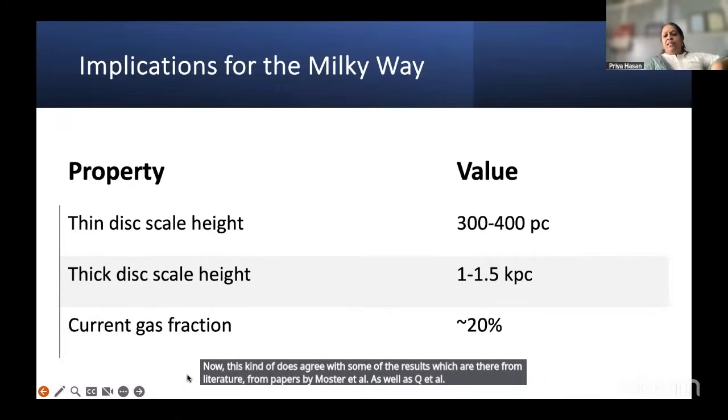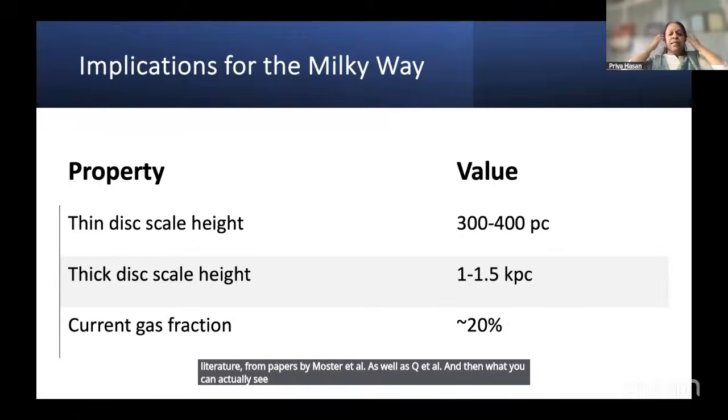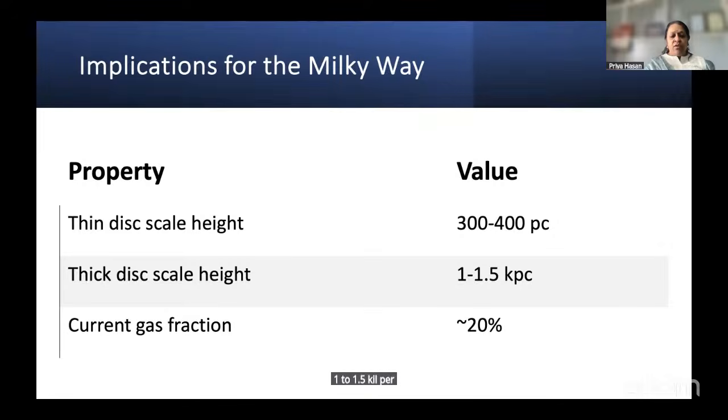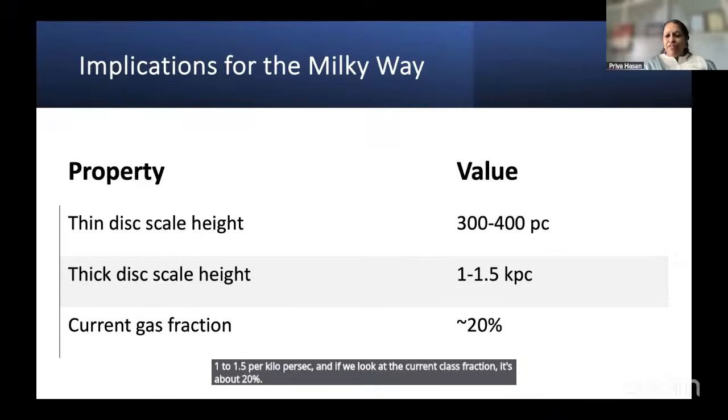And then, what are the implications for the Milky Way? The thin disk scale height is about 300 to 400 parsecs, while the thick disk scale height is about 1 to 1.5 kiloparsecs. And the gas fraction is about 20%. So for the Milky Way, we are in between. We are not at the low gas value, and neither are we at the high gas value.